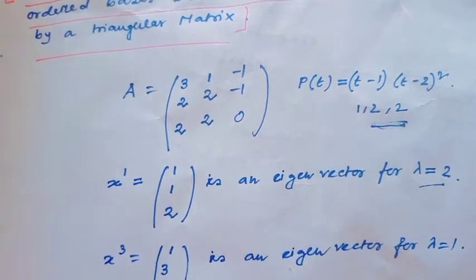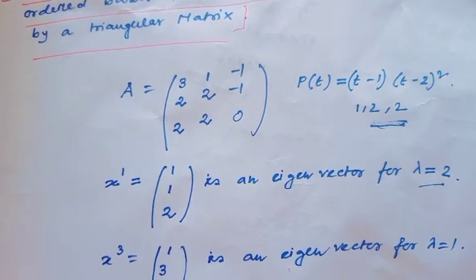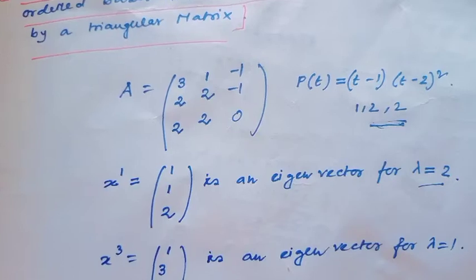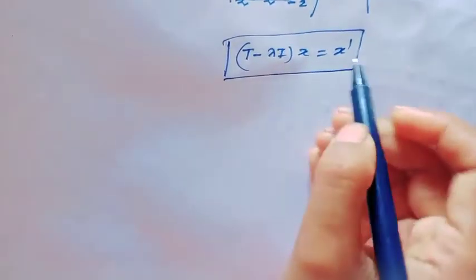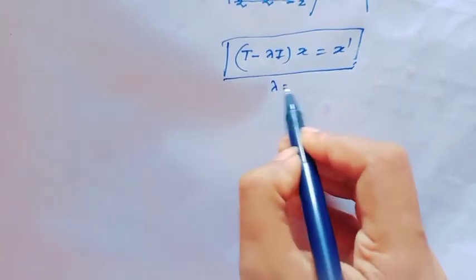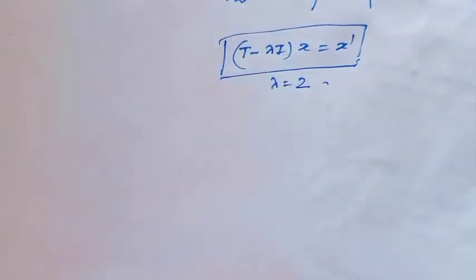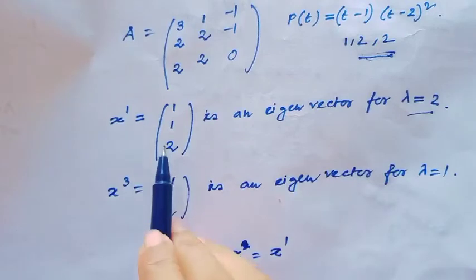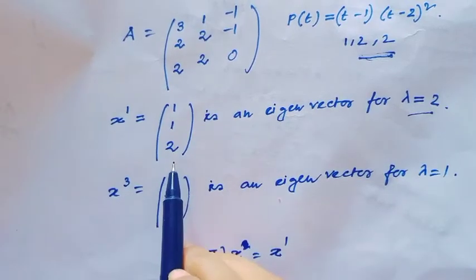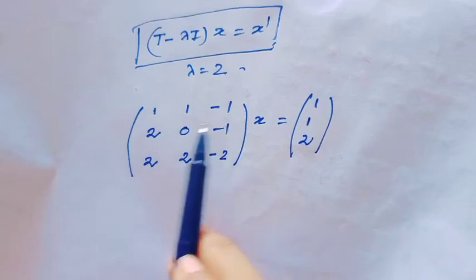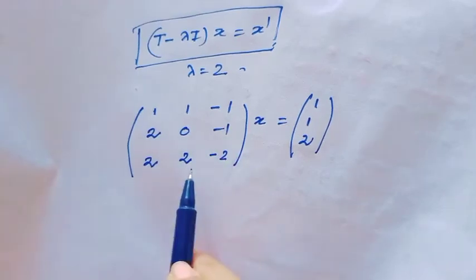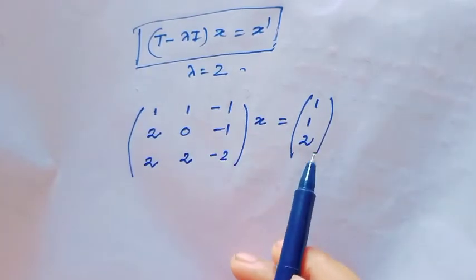That means now we have to find the generalized eigenvector for the eigenvalue lambda equal to 2. (T minus lambda I) x equal to x1. Here obviously lambda means 2, and x1 is the eigenvector I have got for lambda equal to 2, which is 1, 1, 2. So the matrix would be reduced as 1 minus 2, 1, 2; 0, minus 1, 2; 2, 2 minus 2, times x equal to 1, 1, 2.